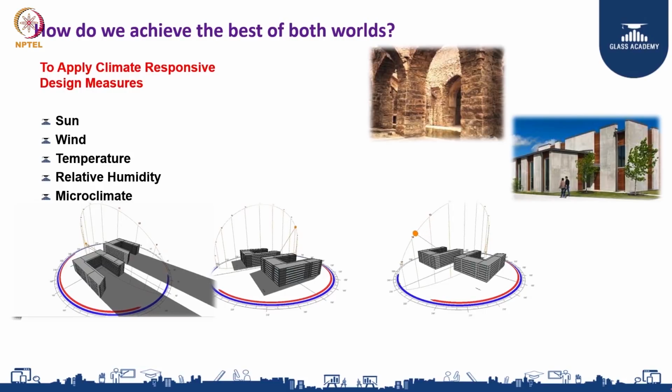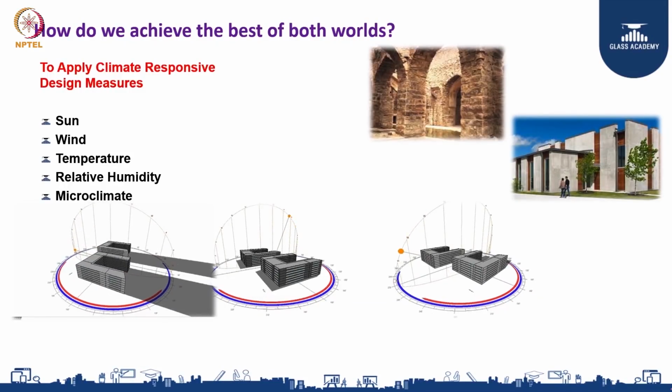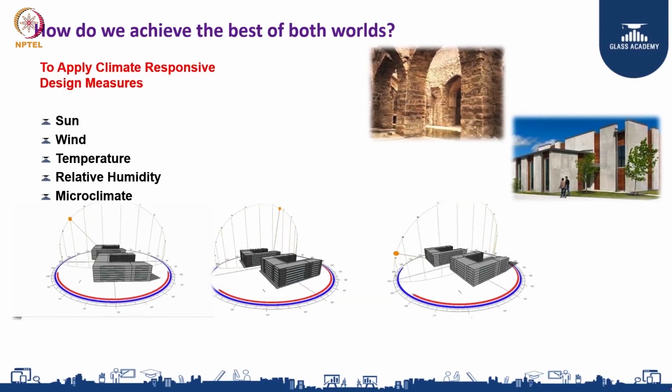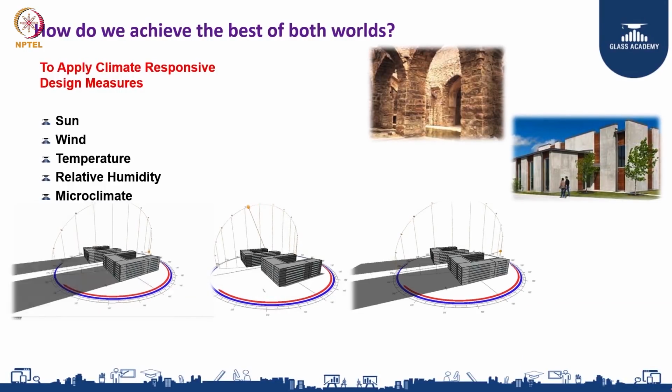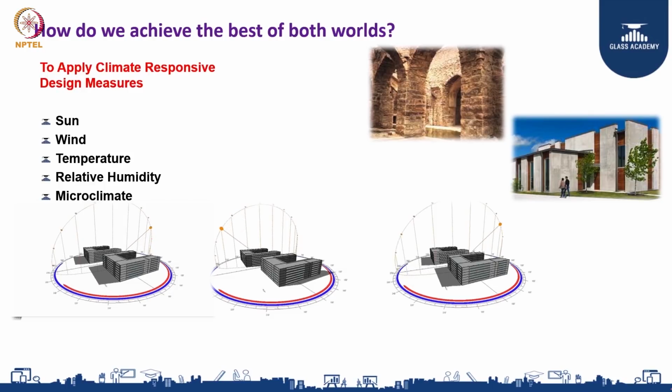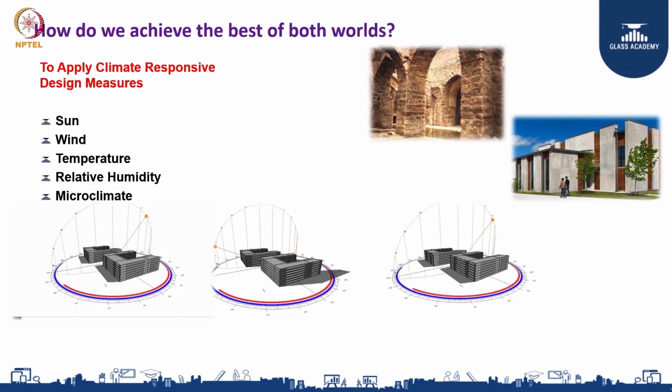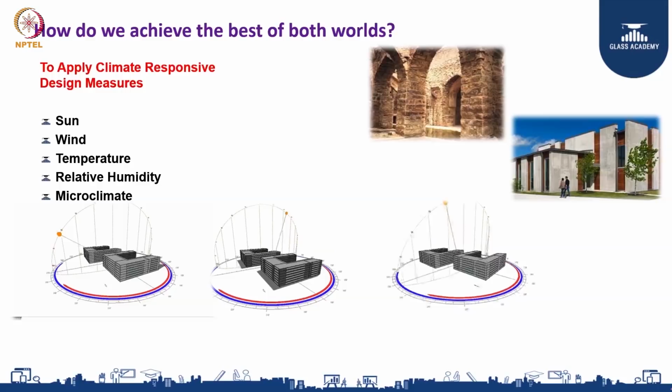And we're looking at microclimate. What is microclimate? It's nothing but your site specific climatic conditions. So you may be in Chennai, but your site may be located near a forest or near a park space, or your temperatures may be lower, or there may be a water body. How do we actually study that specific site or that microclimate of that site to enhance your design process?